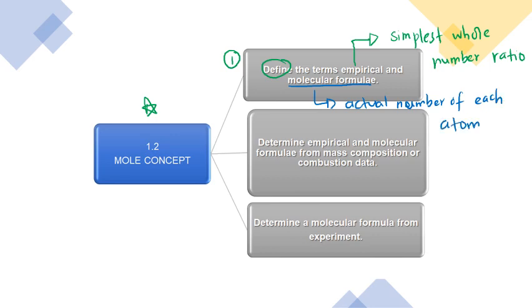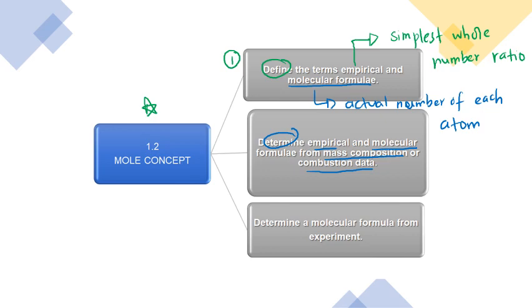You can look at the definition based on your notes. In this video, we are going to focus on determining the empirical formula and molecular formula based on mass composition or combustion data. However, I will only show you some basic steps and the difference between the questions.